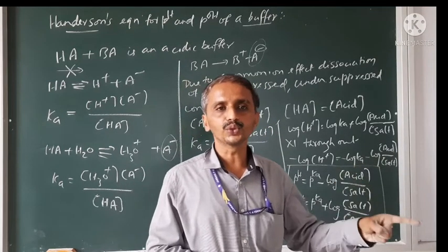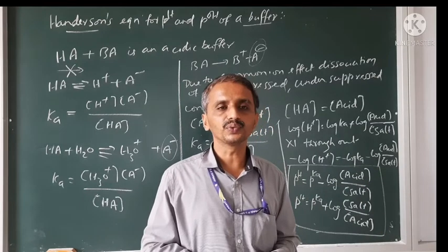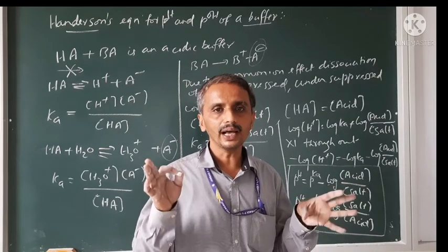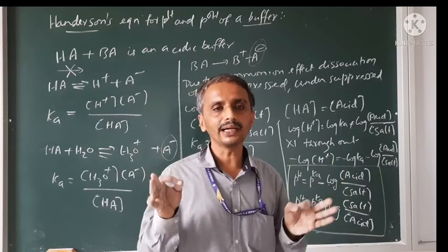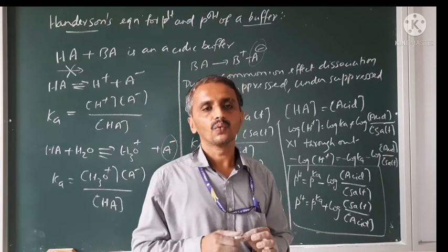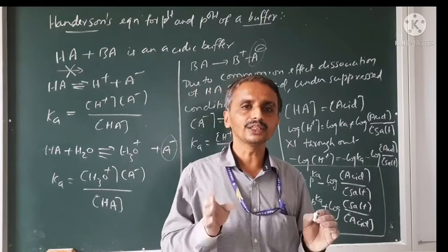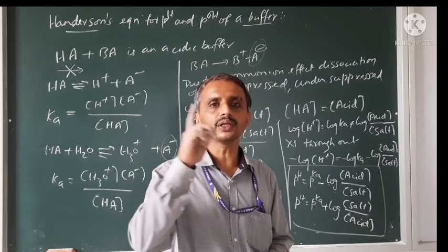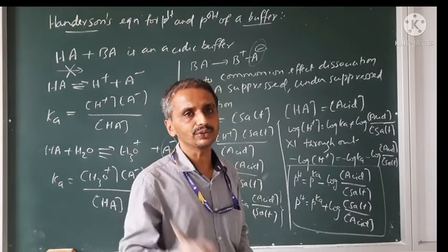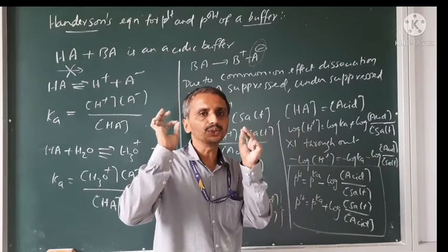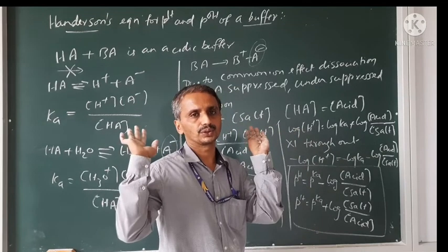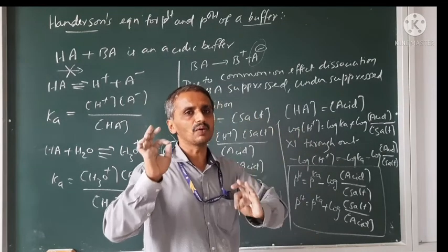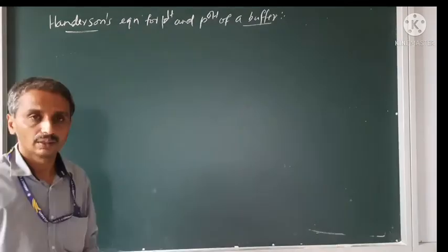Then you have to choose the 5 because it comes within salt by acid ratio 1 by 10 to 10. 1 by 10 is 0.1, and 10 is 10 only. So if the salt by acid ratio is 0.1 to 10, they are good buffers, or let me say maximum buffer activity.